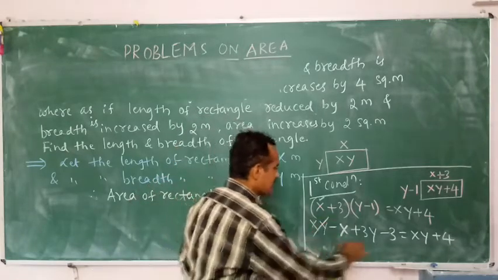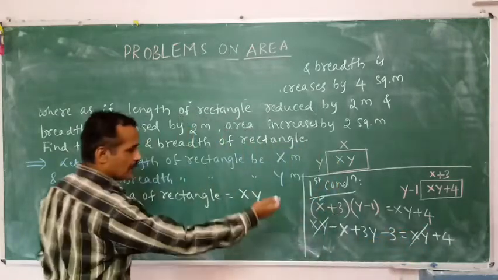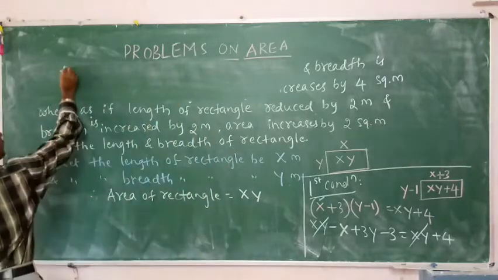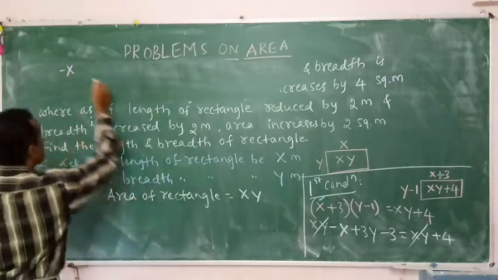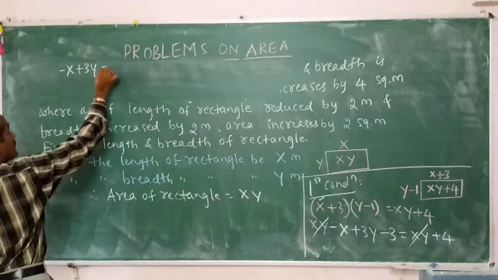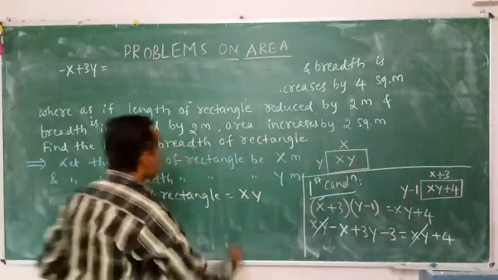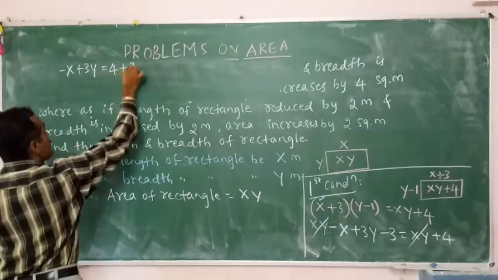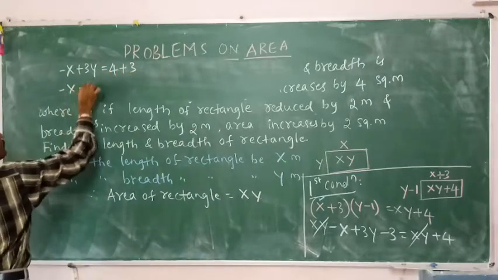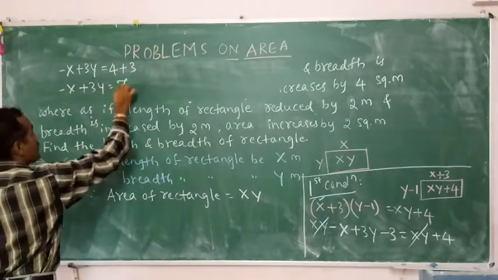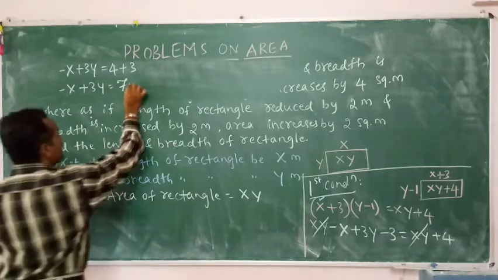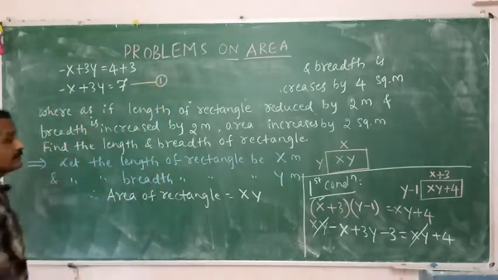What is left? Minus x plus 3y is equal to, let me take this minus 3 to the RHS. It is 4 plus 3, so minus x plus 3y is equal to 7. Then we can call it equation number 1.